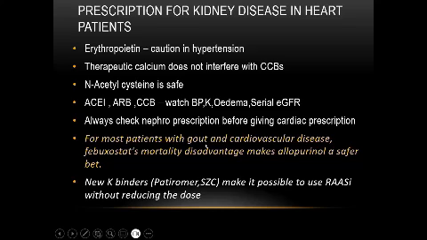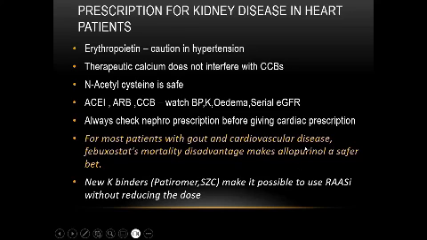So when you want to use uric acid lowering drugs, the drug you must use is allopurinol rather than febuxostat, because febuxostat will actually increase some sort of cardiovascular mortality.